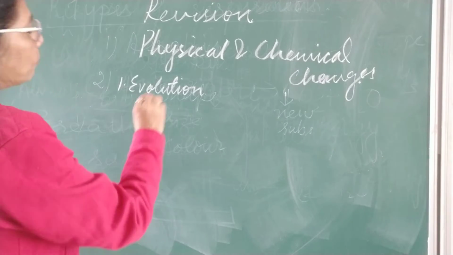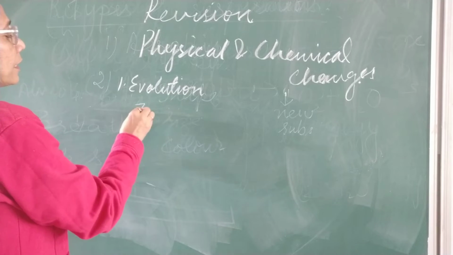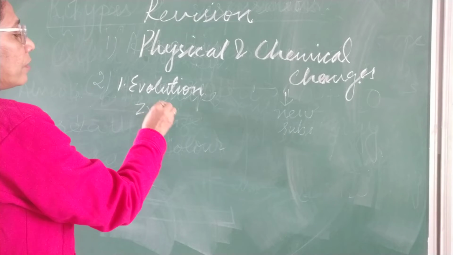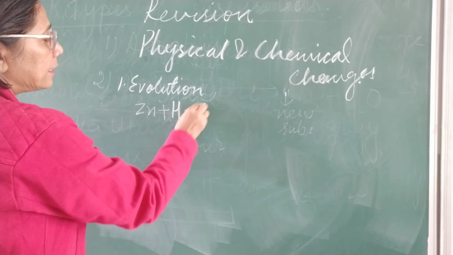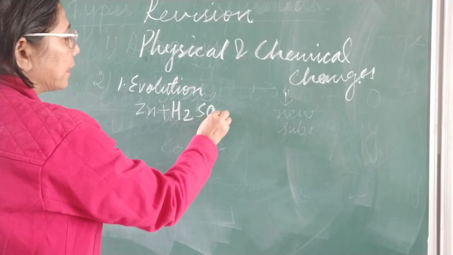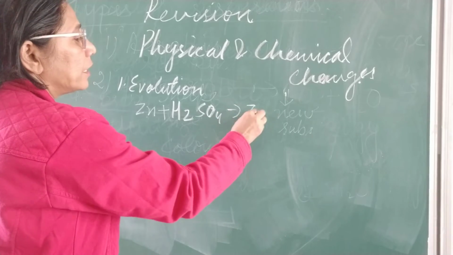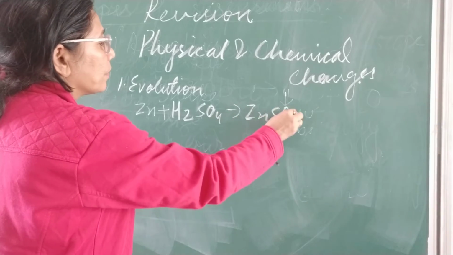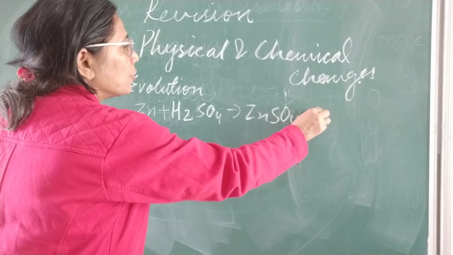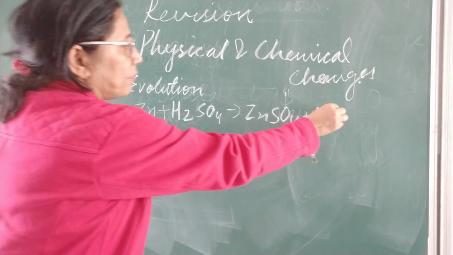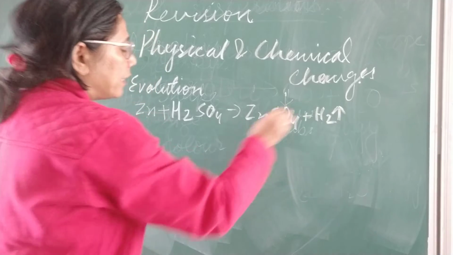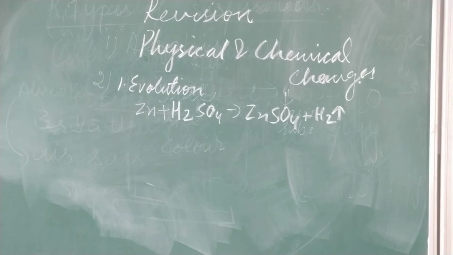Some examples I am going to discuss. First, when metal reacts with acids, it forms salt and hydrogen gas. And we always write an arrow when the gas evolves.